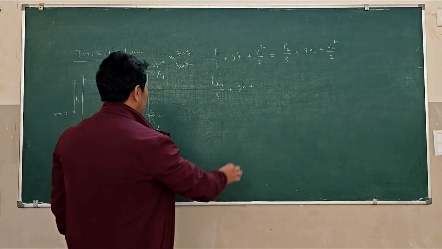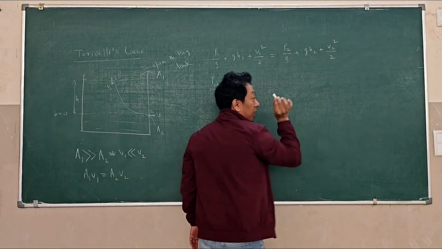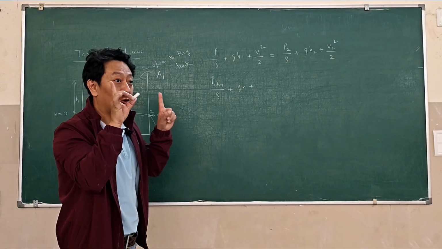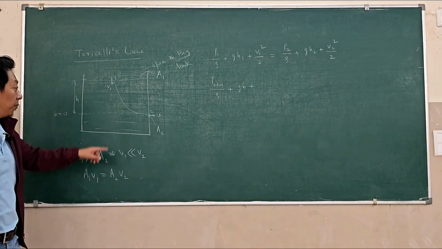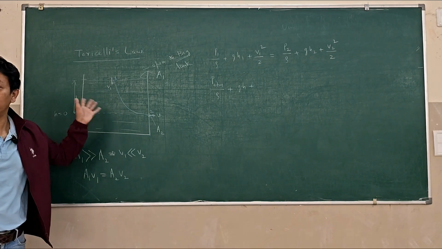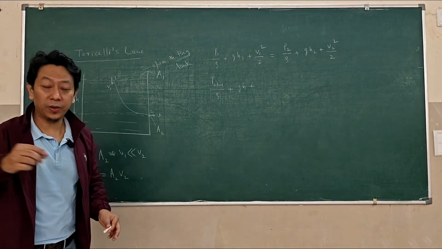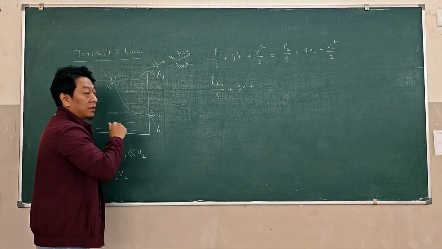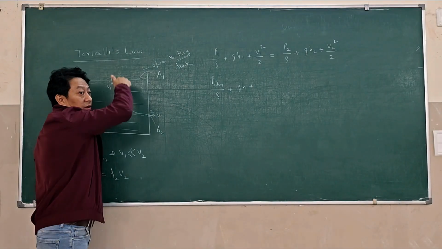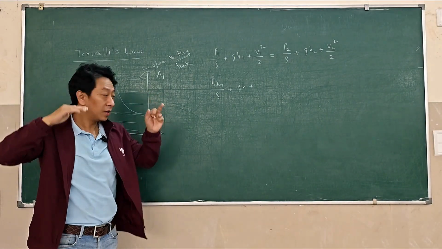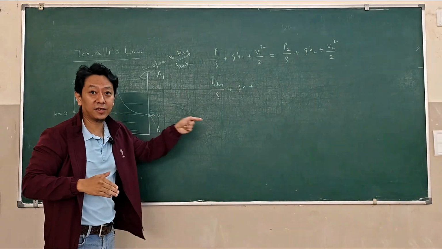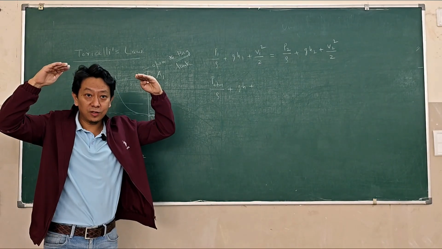So in this principle, we can neglect V1 only because we assume a big tank compared to the area. You can see this in life also. Open the tap and see the water surface in the tank. You will see it goes down very slowly. Here it comes out very fast, but here it goes very slowly.